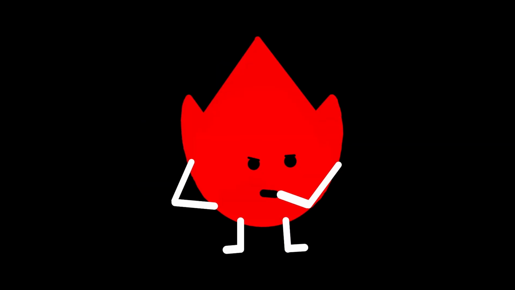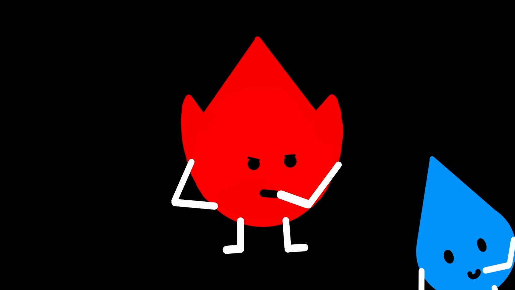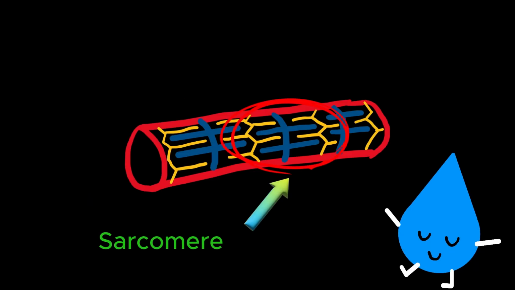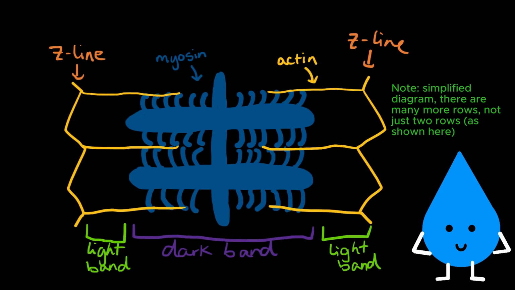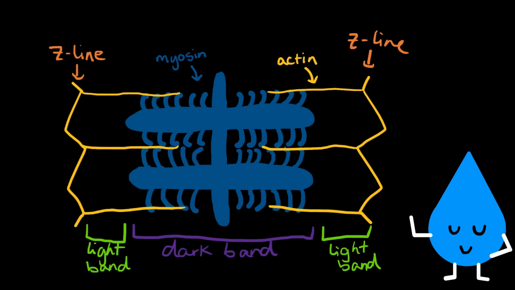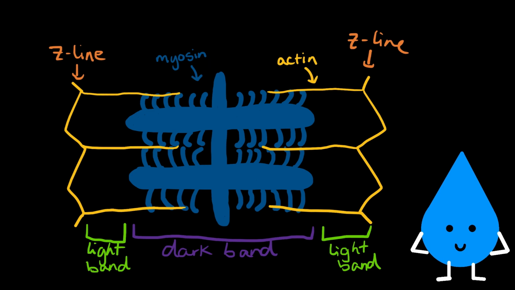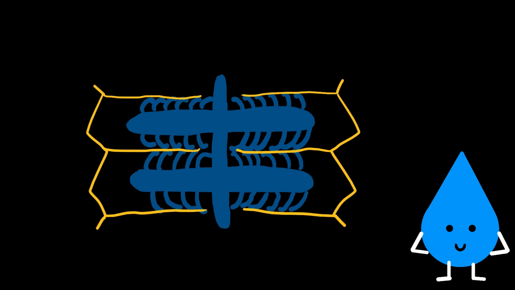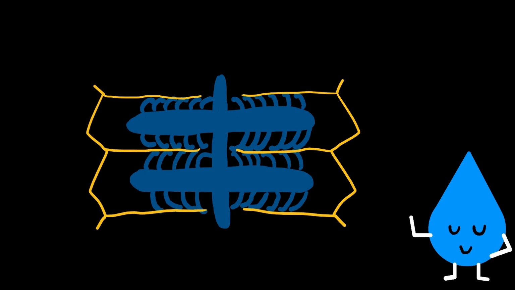Well, that's a complicated cell. Wait for it. Each myofibril is made of sarcomeres. This is how a sarcomere looks like. There are two proteins involved, actin and myosin. Myosin has myosin heads, which attach and detach from actin to make the sarcomere shorter.